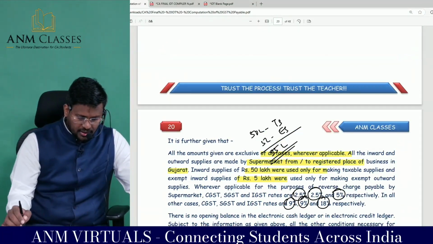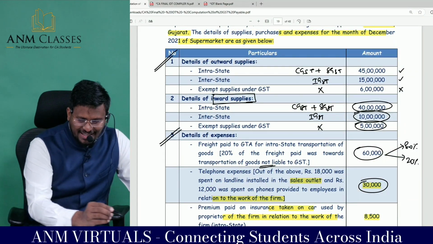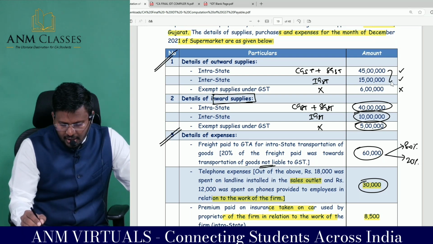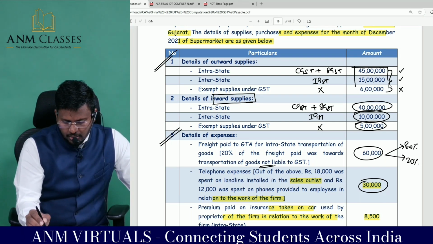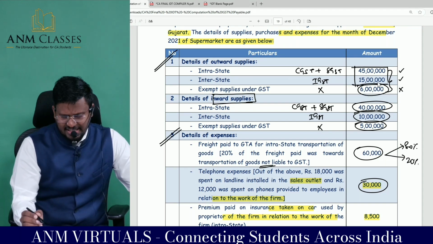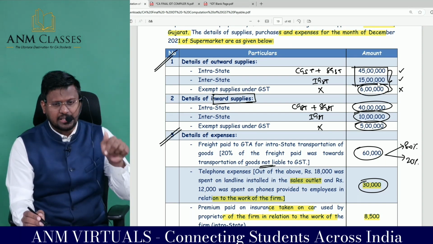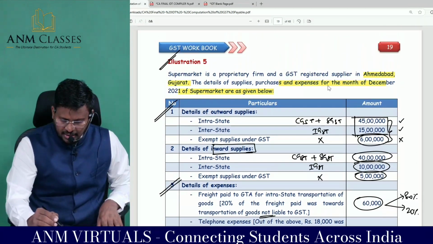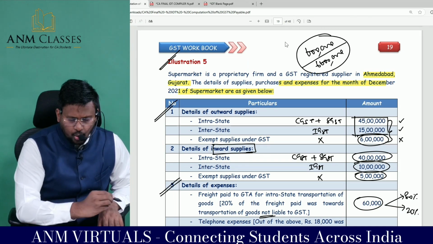Sir, here you look at here, what is the total outward supply? 45 lakh intra-state supply, 15 lakh interstate supply. 45 plus 15 comes to 60 lakhs, and 6 lakhs is exempt supply. So 6 lakhs divided by 66 lakhs is the proportion. Sir, 6 lakhs is the exempt supply and 66 lakhs is the total turnover.